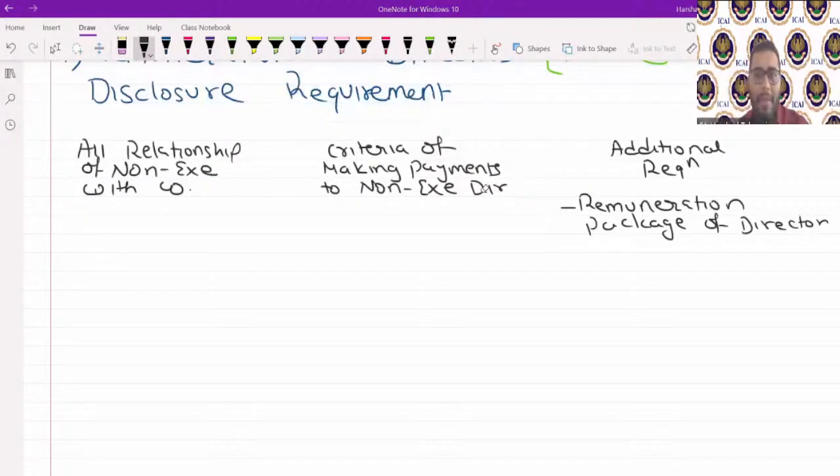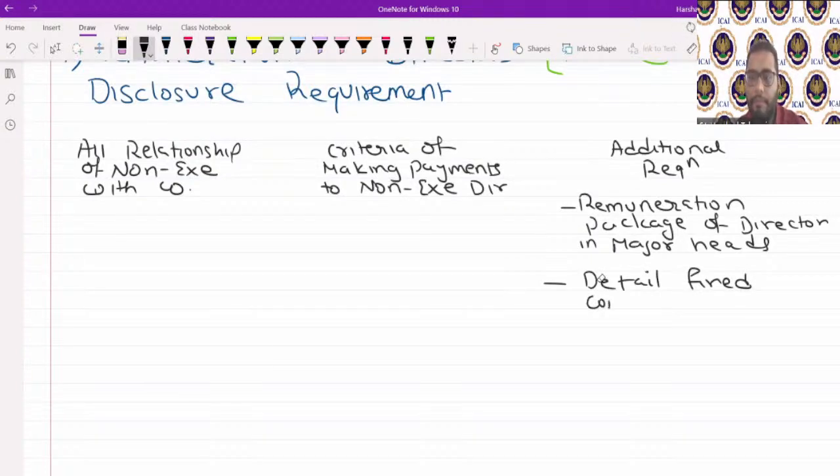Then you need to summarize under salary, benefit, bonus, stock options, major heads. Remuneration package of director in major heads, you can say. Then detail of fixed component and PLI.